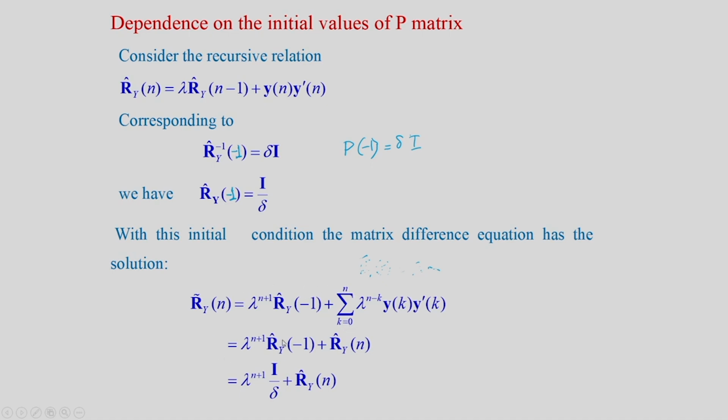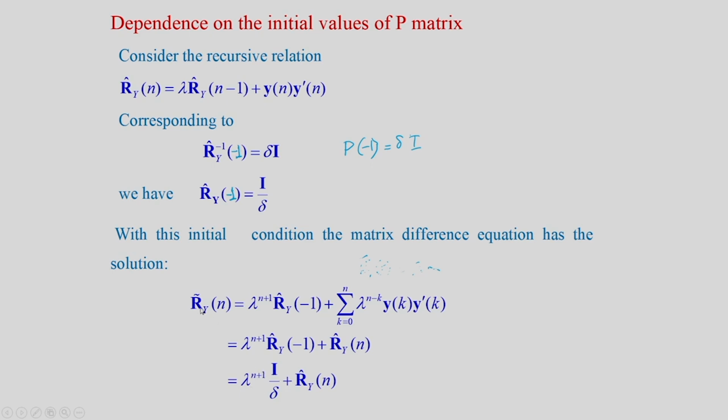We can write this as lambda to the power n plus 1 into Ry hat minus 1 plus, by definition, Ry hat n. This gives lambda to the power n plus 1 into I by delta plus Ry hat n. So, because of this initialization, we have an additional factor like this.